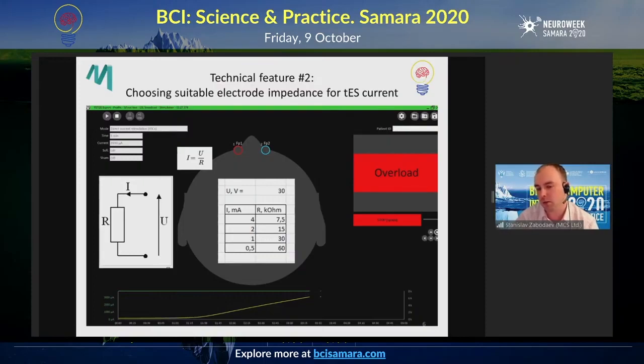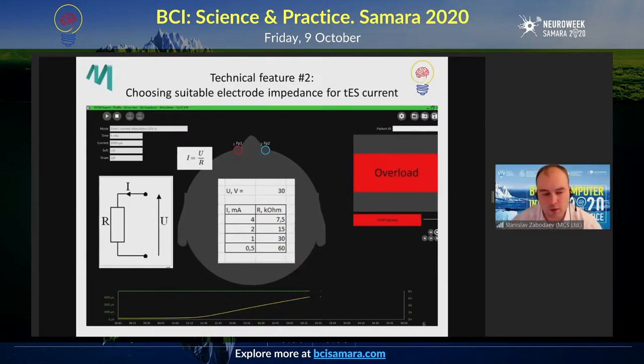So if a patient reports a prickling sensation, then they decrease the voltage of the current. So basically it is a trial and error method. And that is something that we've seen in a clinical setting.